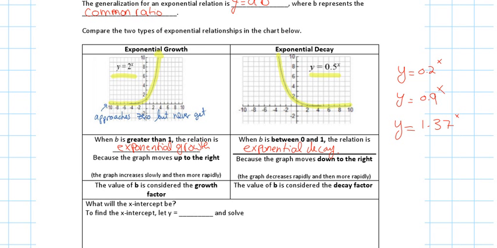What if it's negative? If I have negative 1.37 to the power of x, I'm going to have a reflection in the x-axis, so it's going to look like this, and it will be a decay. Also, a reflection is like a flip.